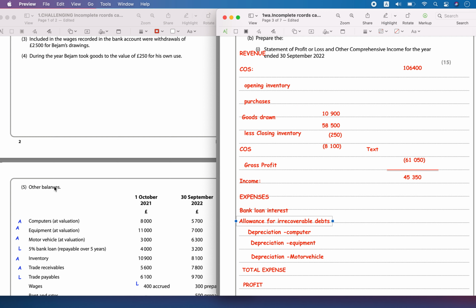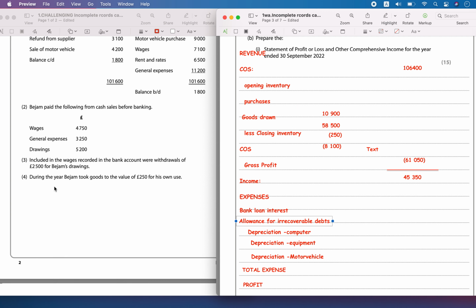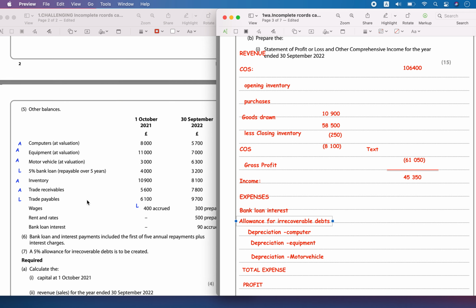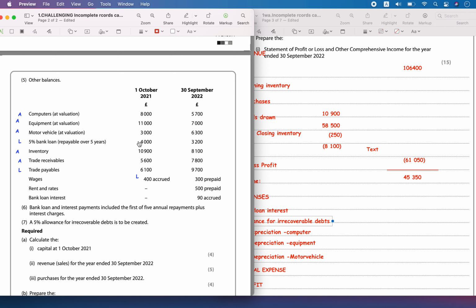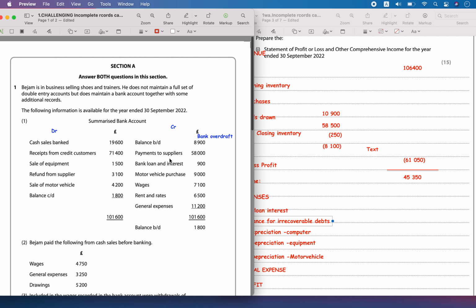There are some expenses. First one is the bank loan interest. It says that the bank loan and interest payment included the first of the 5 annual repayments plus interest charges. So the bank loan at the beginning was 4,000 and at the ending it was 3,200, which means the amount paid towards the loan was 800.